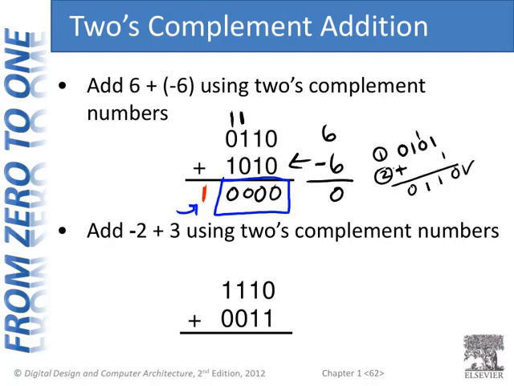But what's going on with that? Is that a carry out? What's going on with that extra 1 here? That 5th column that was a 1. Does it mean overflow? In 2's complement, it doesn't. In 2's complement, this does not indicate overflow.